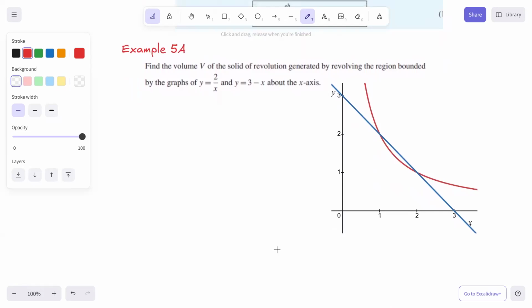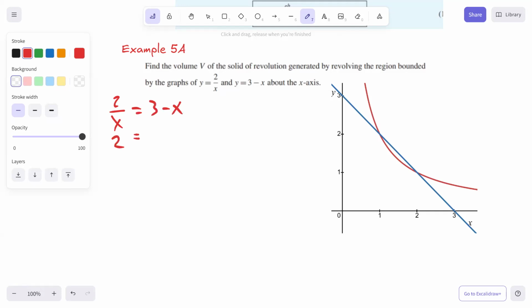Let's do an example. We want to find the volume of the solid of revolution generated by revolving the region bounded by y equals 2 over x and y equals 3 minus x about the x-axis. So the first thing we need to do is find where the region begins and ends. So we would set 2 over x equal to 3 minus x.